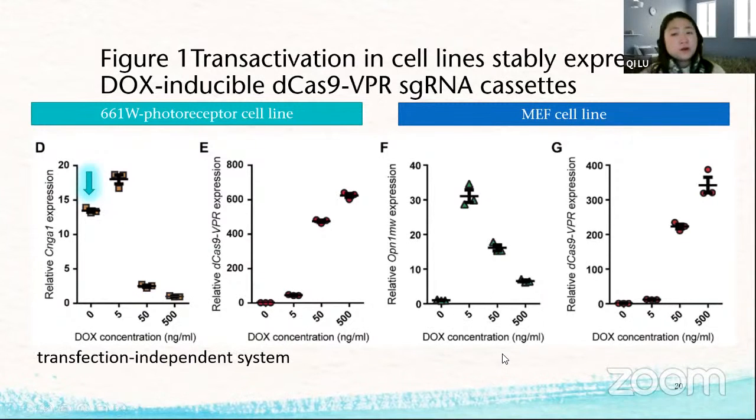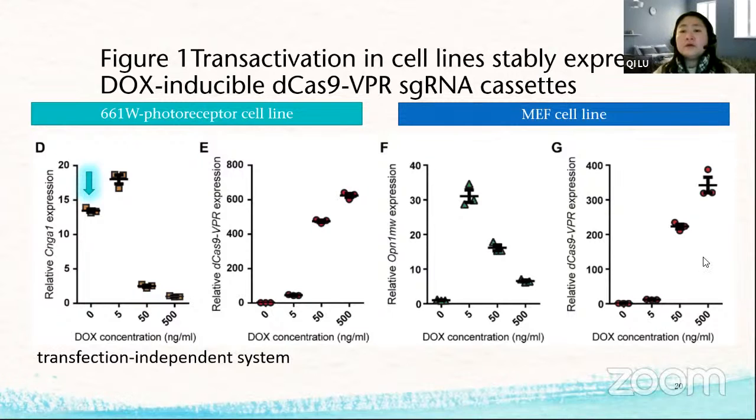Then because there's a background expression level of the opsin in the photoreceptor cell line 661W, let's switch to the MEF cell line to try to induce the opsin expression. It's pretty good because if there's no DOX, there's no expression of opsin, so this is tightly controlled. And as with the CNGA1 expression, the 5 nanogram per ml concentration of DOX produces the best results for the targeted gene.